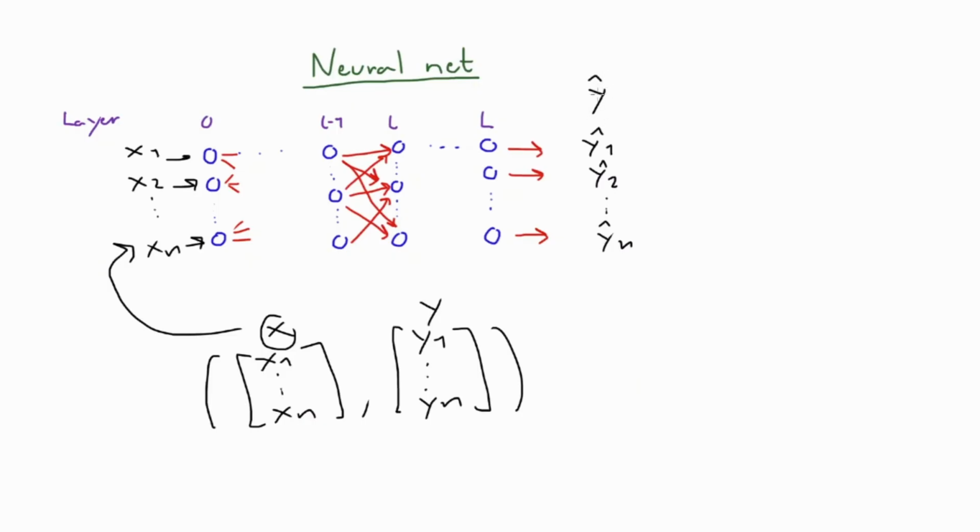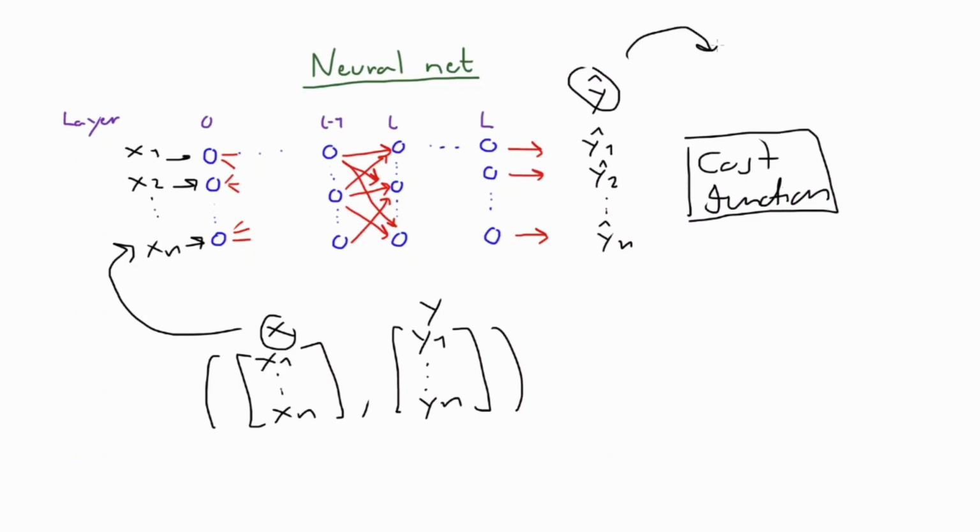Upon receiving a predictive output vector y hat, what we do then is we try to assess how close y hat is to our expected output vector y. And we quantify closeness here using what's known as a cost function. The cost function takes in both the predictive output vector and the expected output vector.